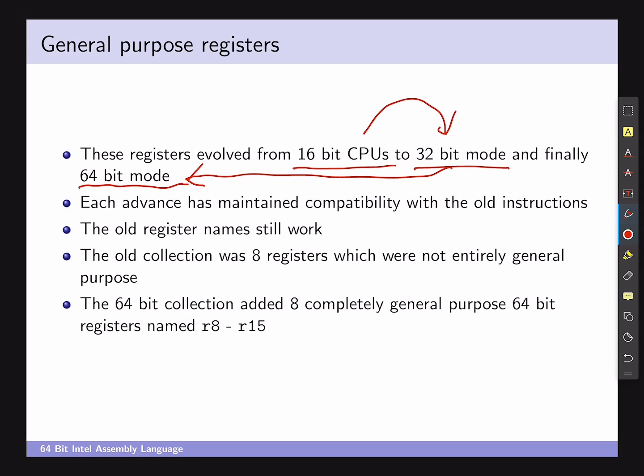It was very much a situation of we had a certain function set and we bolted on a bit of extra functionality. And then we bolted on another extra bit of functionality again when we did 64-bit mode. So you have a lot of weird properties where, if you're working with a 32-bit register, something is slightly different than a 64-bit register and things like that. We will go through those, but it is a common pitfall when working with 64-bit assembler that you might not be aware of some of the nitty-gritty details between the two.